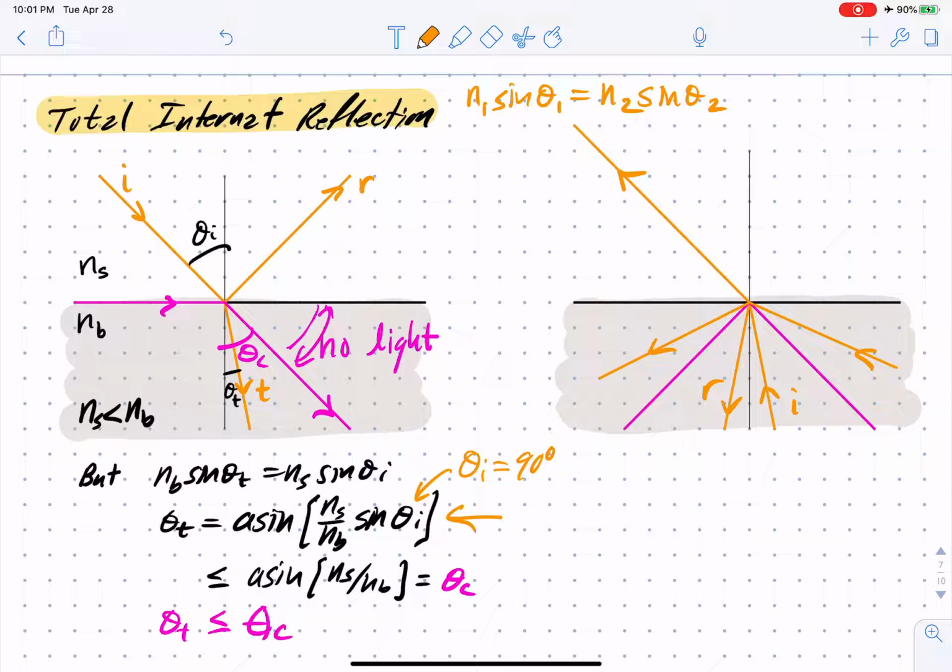That doesn't change. But it ends up that there is no transmitted light at all. All of it is completely reflected inward. So this is called total internal reflection. Any light striking the surface at an angle greater than the critical angle, this is the critical angle here, just bounces off the surface with none of it transmitting through.